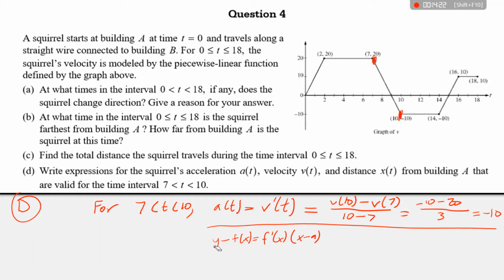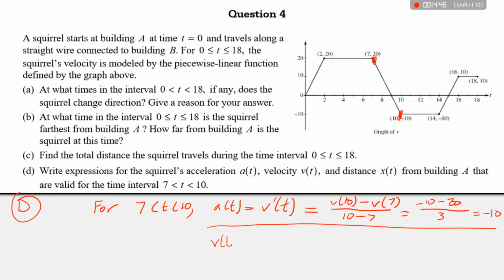Okay, so I'm going to rewrite that equation, but using your variables for velocity instead. So what would this become? So y minus x. Okay, our y value is velocity.